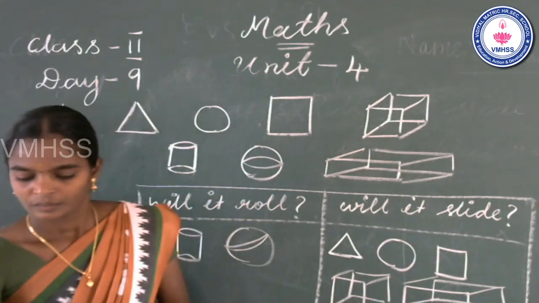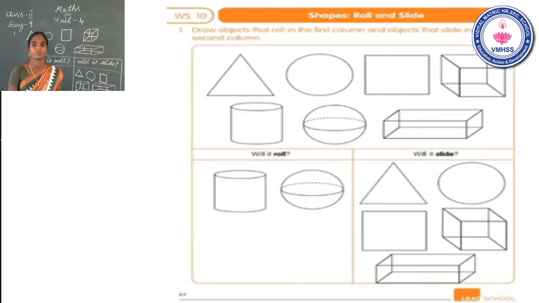Children, look at the answer. Worksheet number 10. Cylinder, sphere: roll. Next, triangle, circle, square, cube and cuboid: slide.